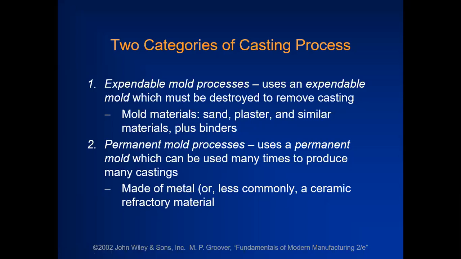Permanent mold processes are those that use a permanent mold which can be used numerous times in order to make the casting. The permanent mold can be made from a metal or ceramics or any refractory material. Refractory material is that which can withstand high temperatures.